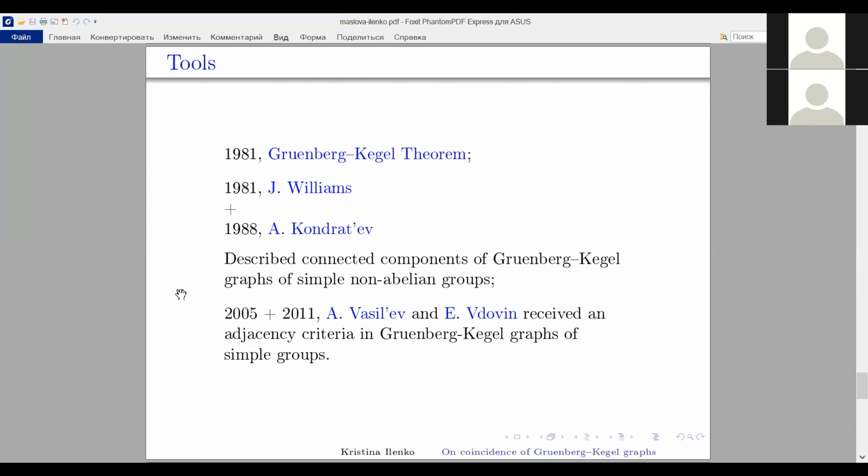And in 2005 and in 2011, Andrei Vasilyev and Evgeny Vdovin obtained adjacency criteria in Gruenberg-Kegel graphs of simple groups.